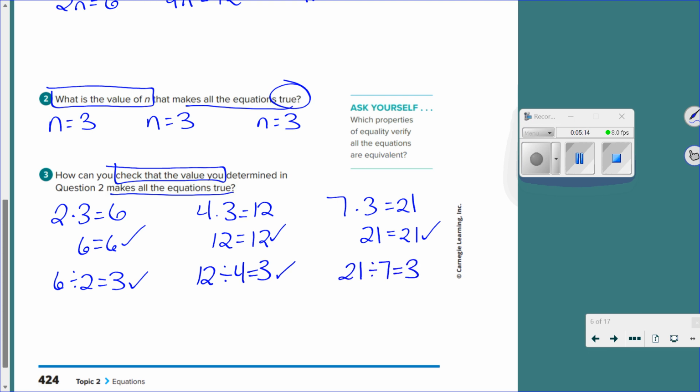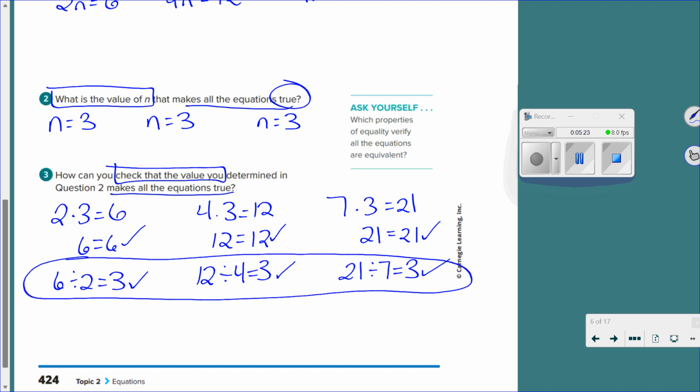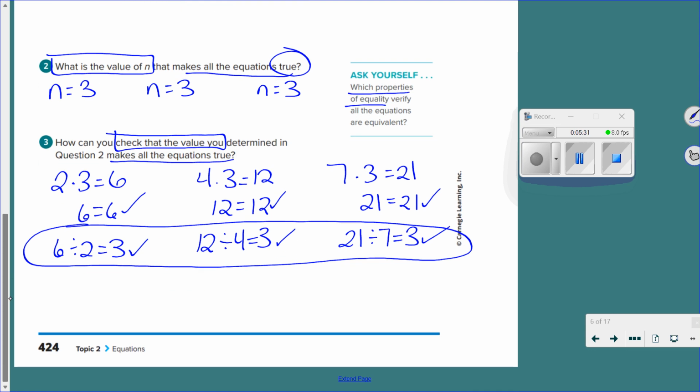So that works as well. What property of equality are we using when we solve it this way? Inverse operation. The division property of equality. Any questions about that? Good. Let's look at the next page.